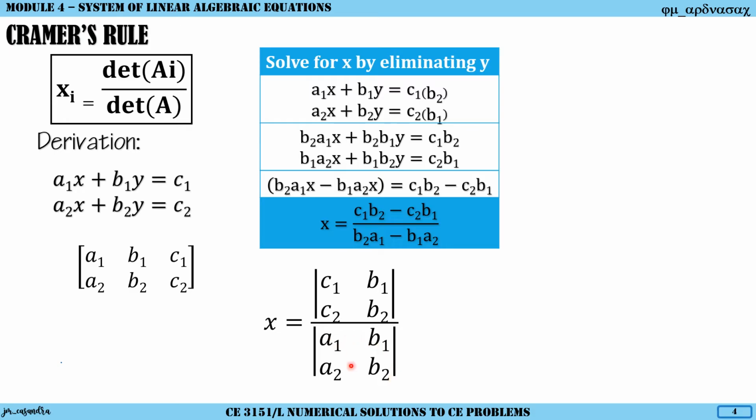So if you're going to observe this equation now, for the denominator in matrix form, we could observe that a1 b2 minus b1 a2 is simply the determinant of this matrix.